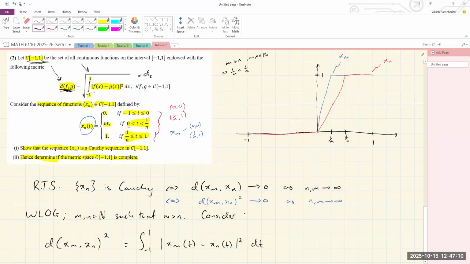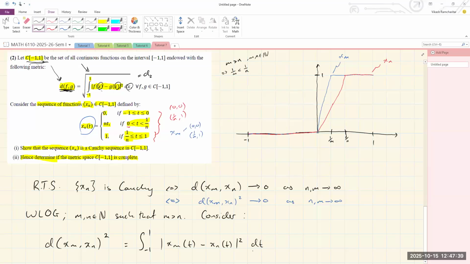In the definition of the metric you see f of x, g of x integrated with respect to x, but that's just a dummy variable. You could call it any variable you like. I'm calling it t because we labeled the functions x.